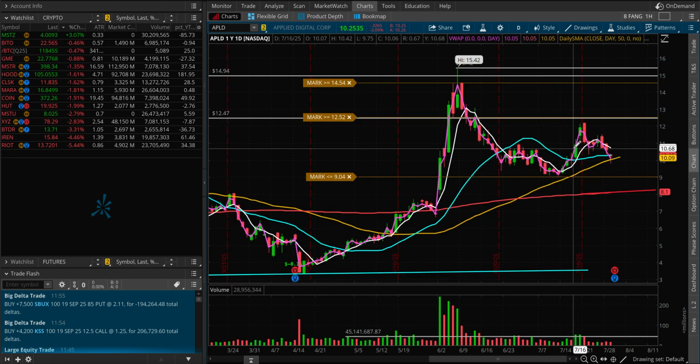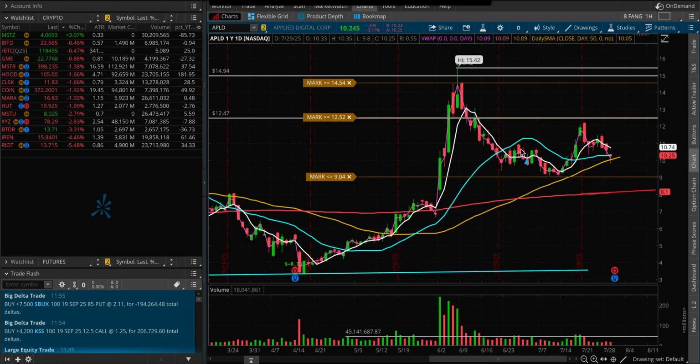We talked about this one last option expiration, that this stock would do absolutely nothing, but it did ramp up into the OPEX. It didn't go too far, and it's just coming right back into the range-bound area it has been sitting in, from $9 to $10, $11 levels. So it's back in that zone.